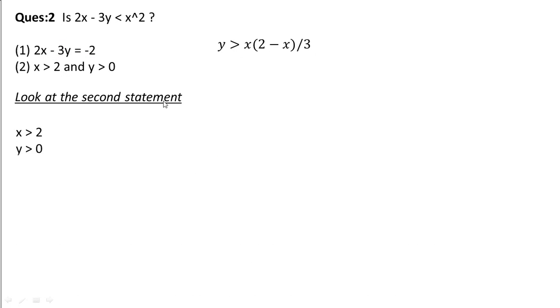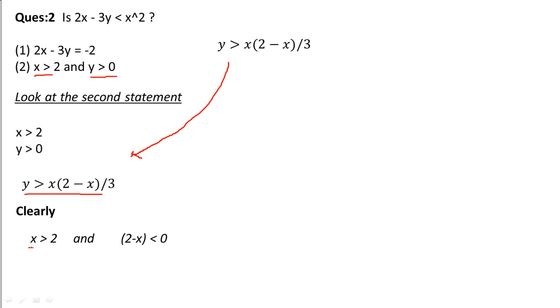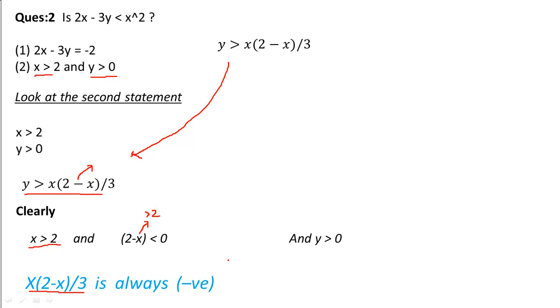Now, the second statement. It says x is greater than 2 and y is greater than 0. I have this expression clearly. X is greater than 2 and 2 minus x is less than 0 because x is greater than 2. Therefore, x multiplied by (2 minus x) upon 3 is always negative and y is greater than 0.